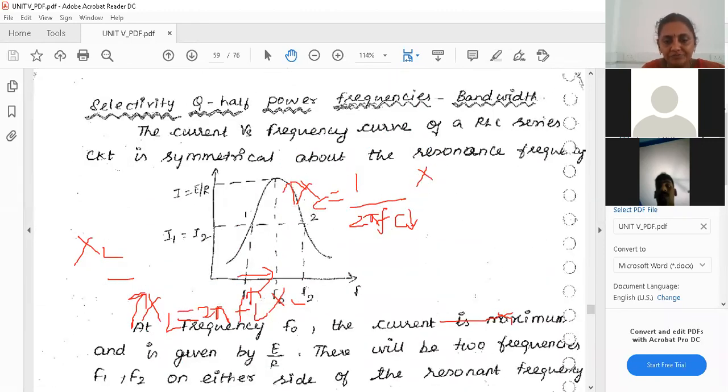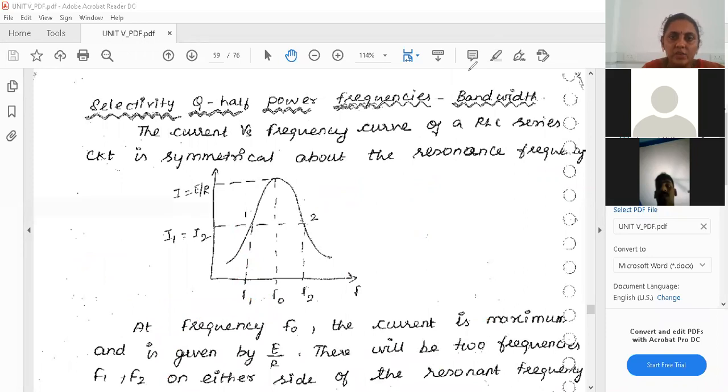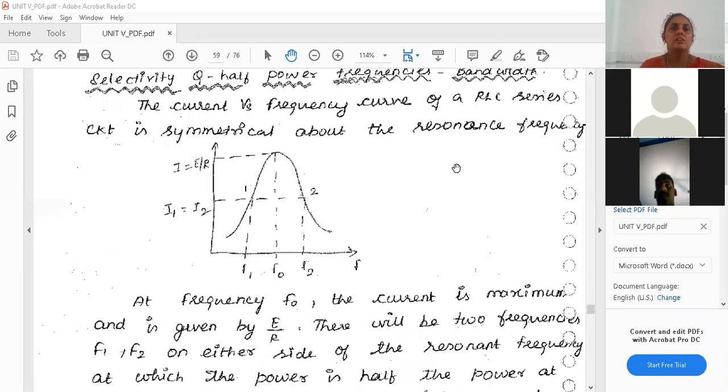Next, selectivity. Now I told you this is mainly used in tuned circuits. Tuned circuits means you have to select the frequency, whichever is suitable for your application. For this, we call selectivity Q. You would have read in electronic circuits or some other subjects, we are more concerned about the bandwidth.